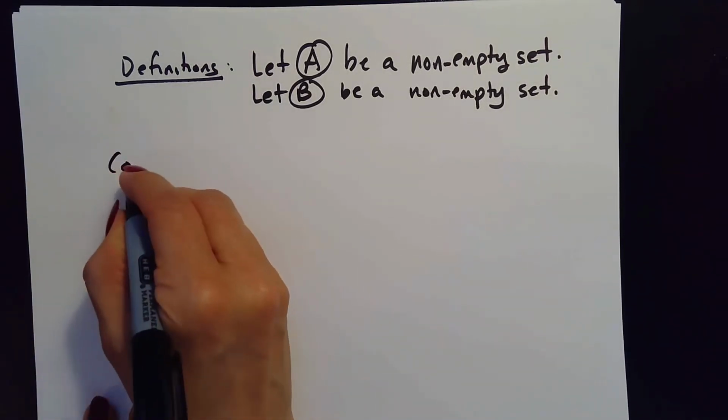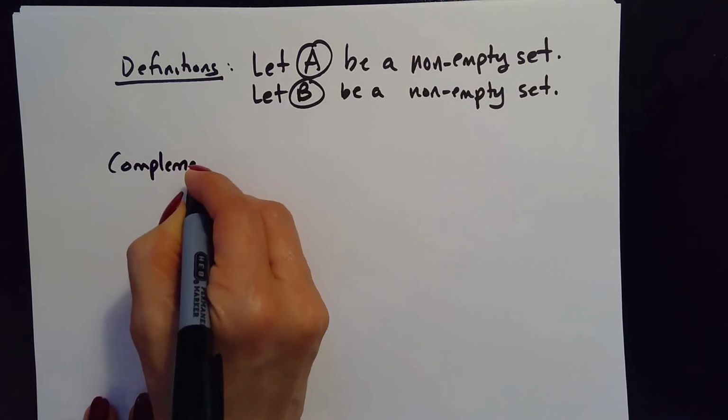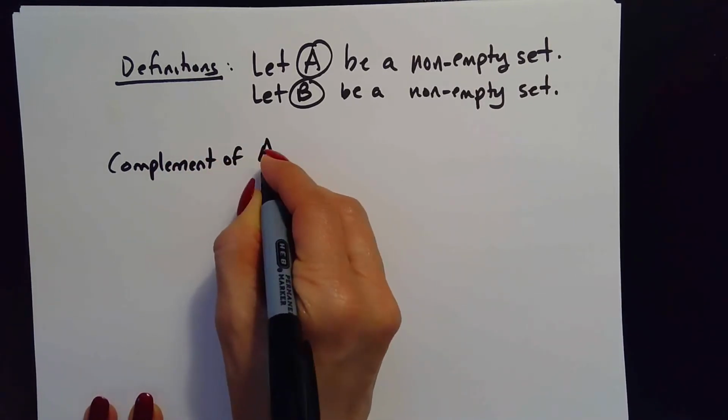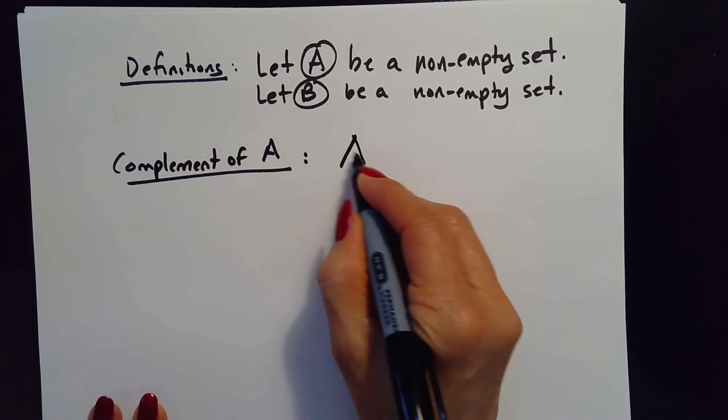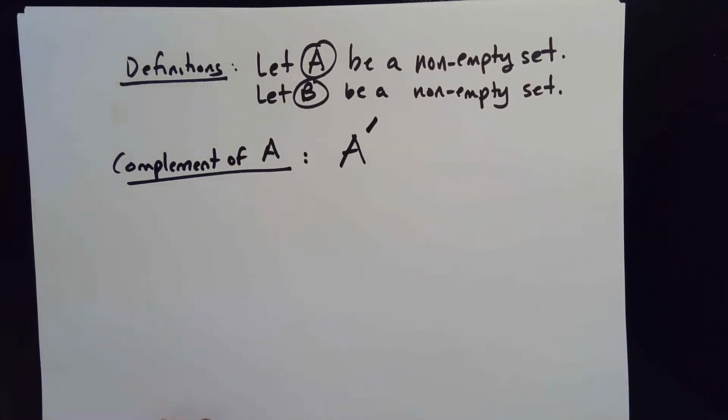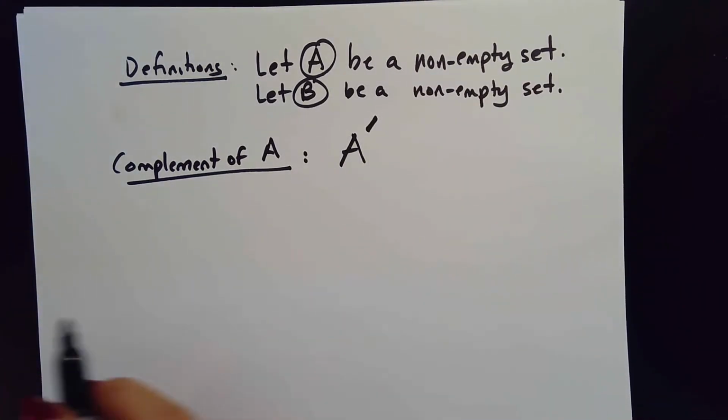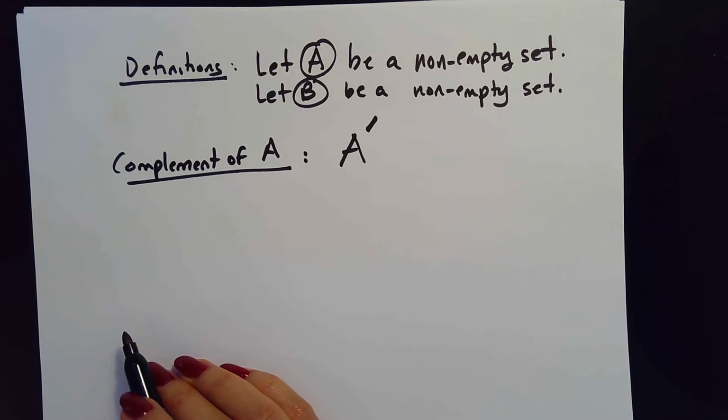So what is the complement of A? Now we're going to use A prime to denote the complement of A. A prime is a set.